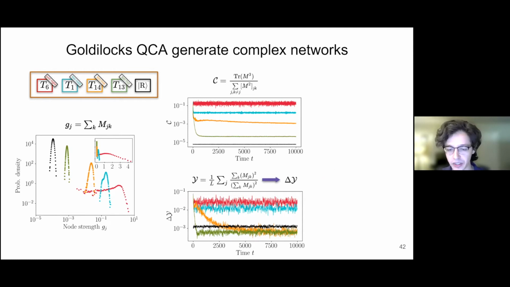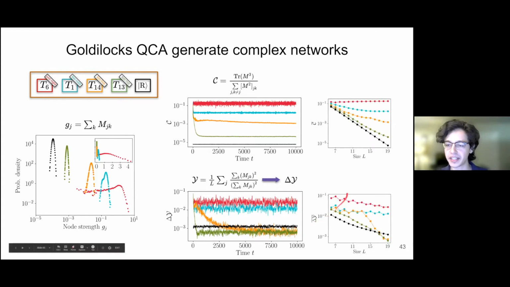And we see that the Goldilocks rule is indeed undergoing the most disparity fluctuations. The far from Goldilocks rule less so, and the near Goldilocks rule T14 interestingly had this very slow decay of disparity fluctuations.